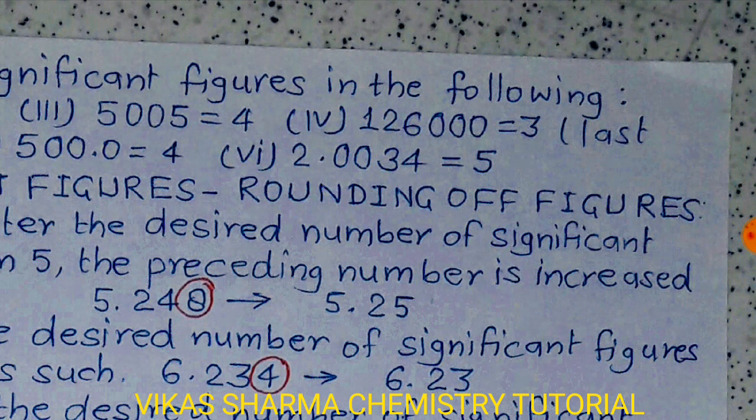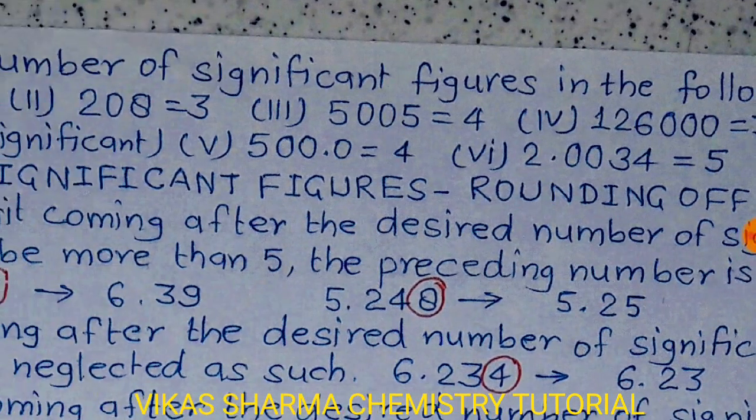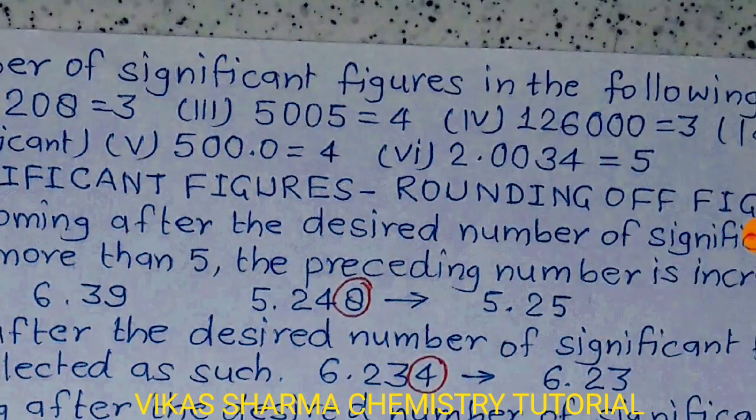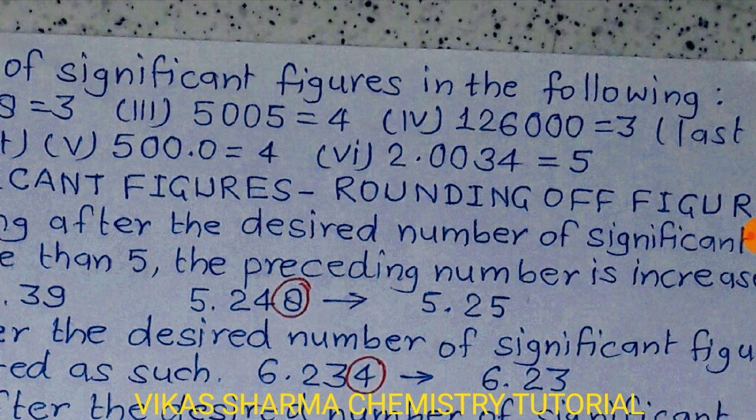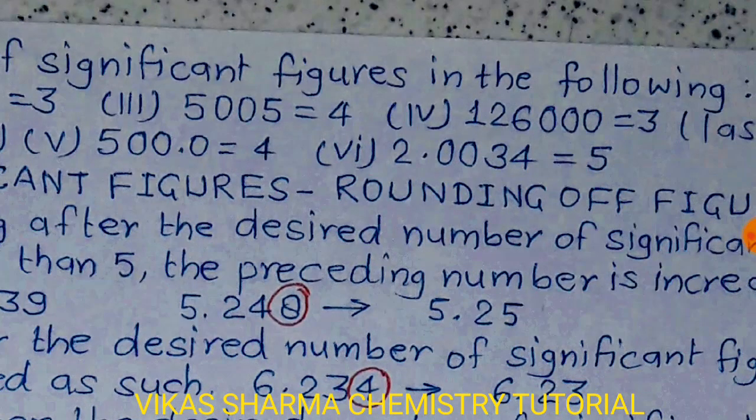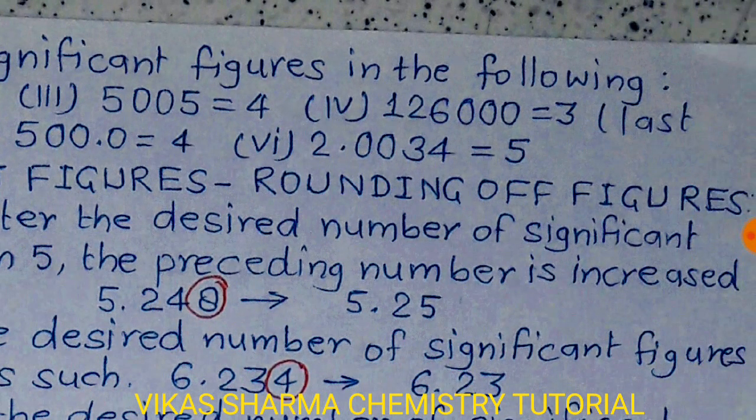The significant figures are 3, all the 0s are on the right hand side. Question 5, 500.0. The significant figures are 4 because the 0 is on the right hand side. Question 6, 2.0034. The significant figures are 5 because the 0s are between non-zero digits.